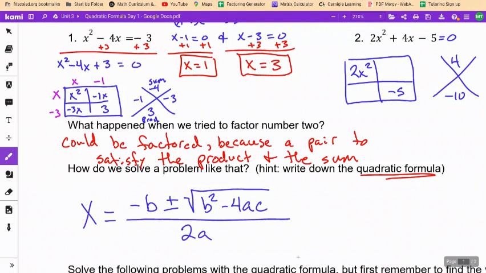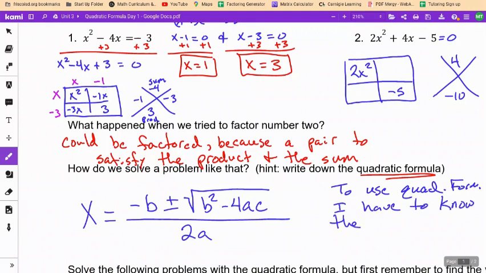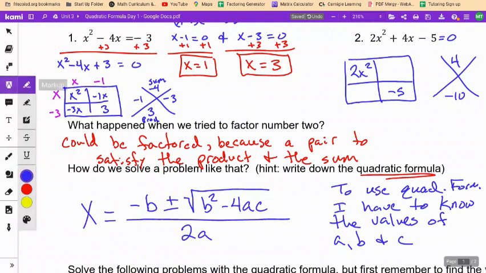So I need to know 3 things in order to use this. So out here, let's write, to use the quadratic formula, I have to know the values of a, b, and c. Okay, so I have to be able to look at an equation and figure those values out.